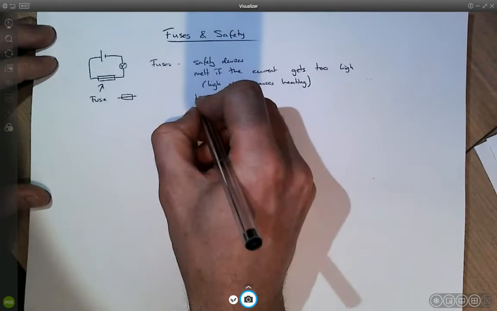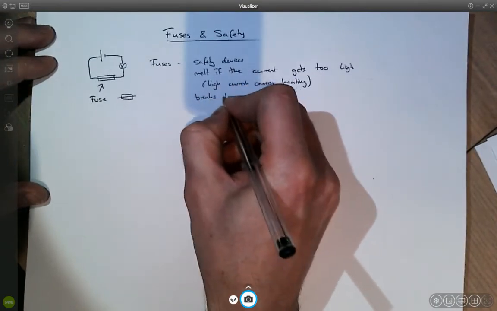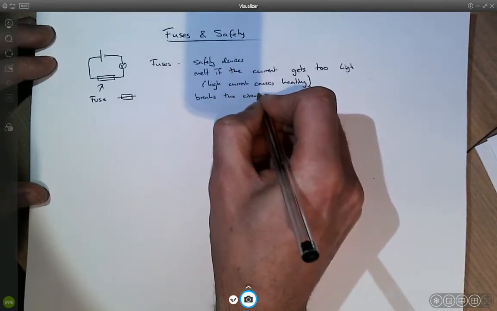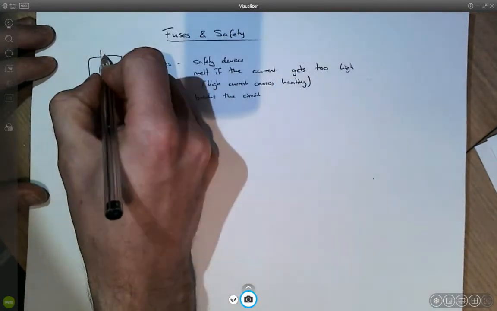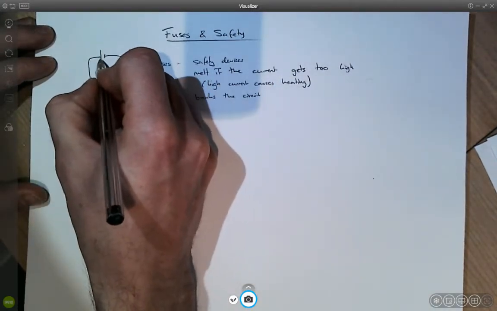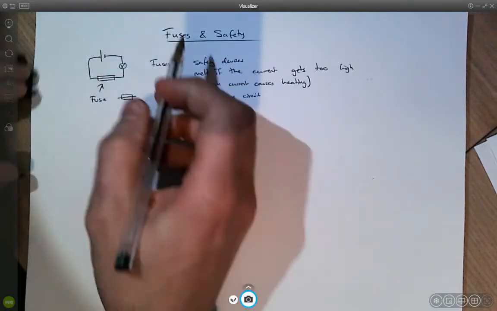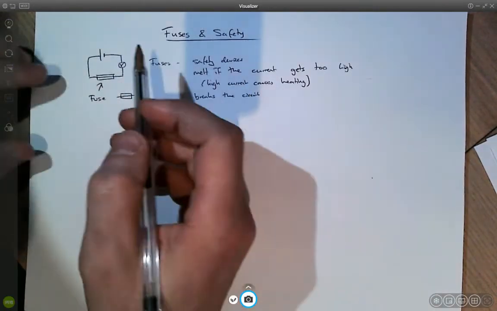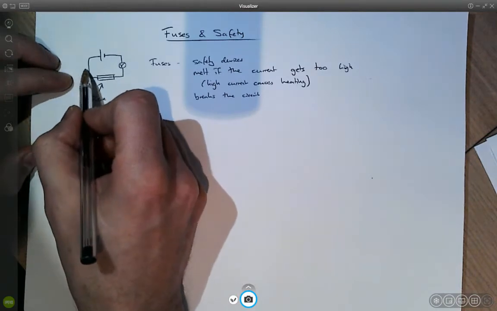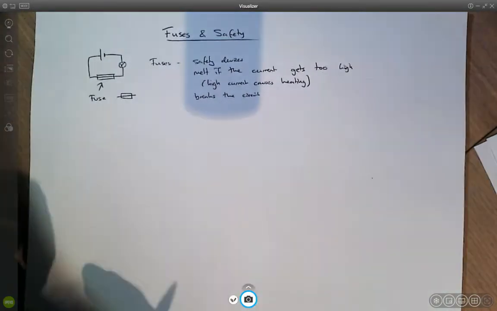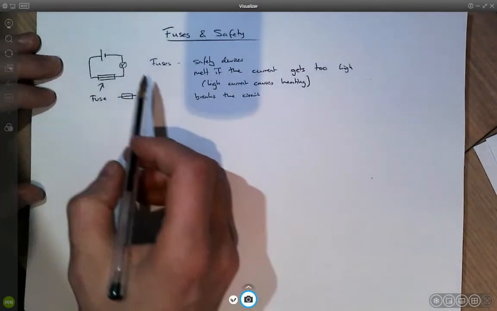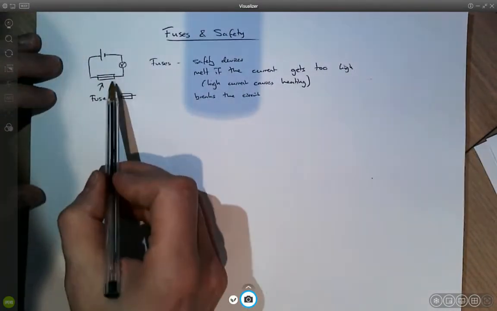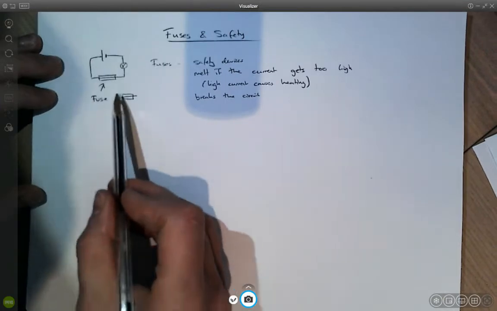And then it breaks the circuit and stops current flowing, which is then obviously going to protect the circuit. It might protect a component in the circuit from getting an overload, or it might protect a person from touching something that's live.